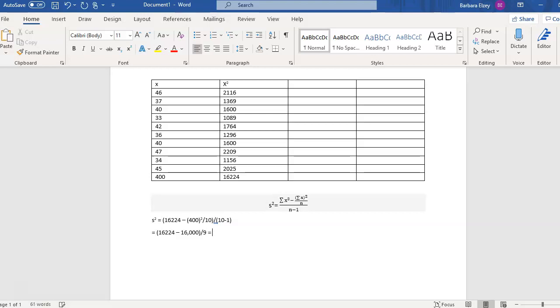Now I've got to finish the top before I can do this division. 16,224 minus 16,000 is just 224. And divided by 9, I'll put 224 divided by 9 into my calculator. And we get 24.88888 repeating.